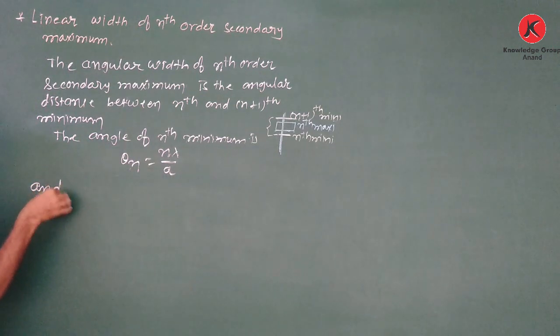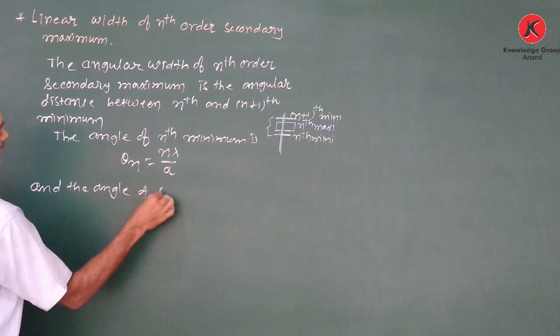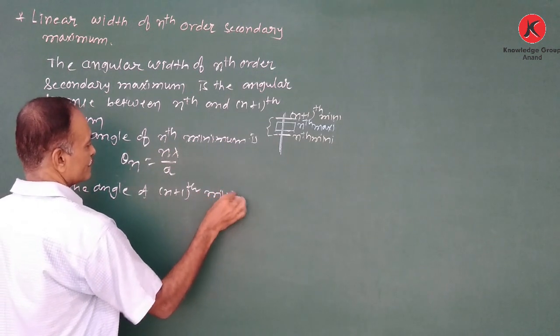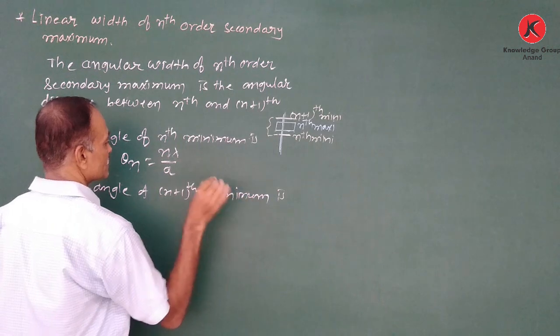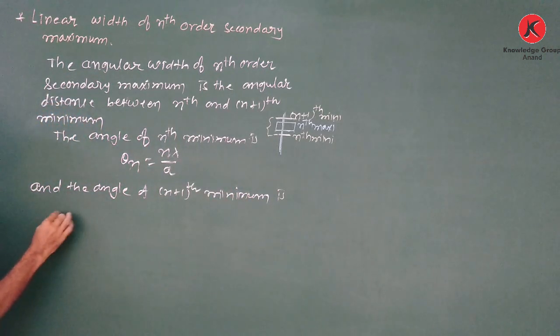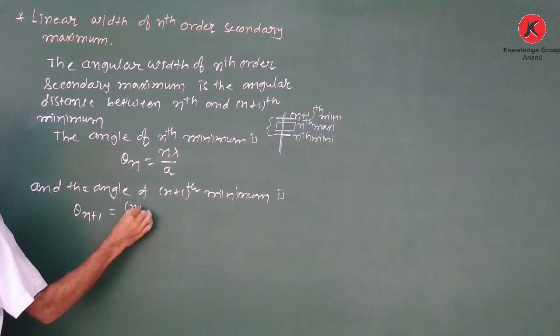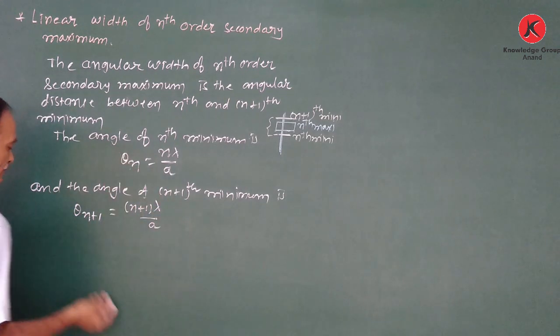And the angle of the n plus 1 minimum is theta n plus 1 is equal to n plus 1 lambda upon a.